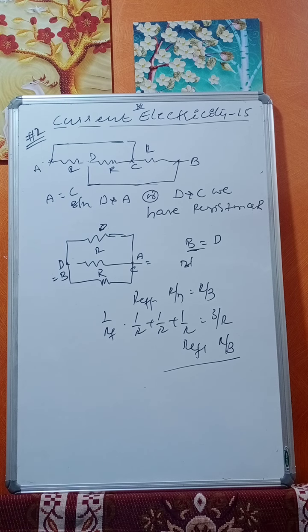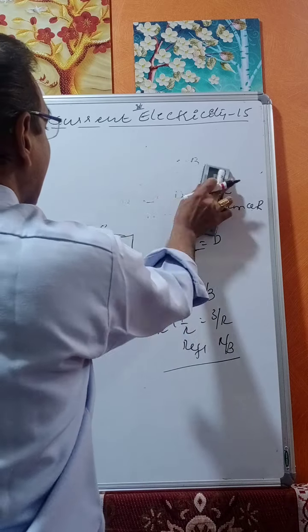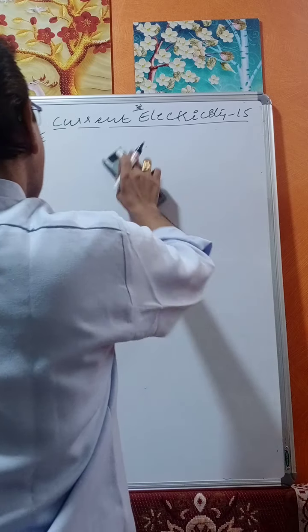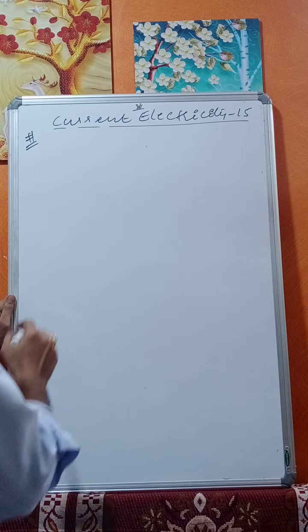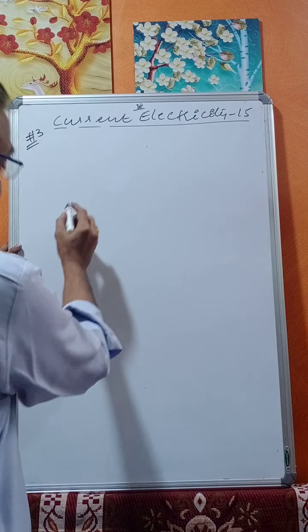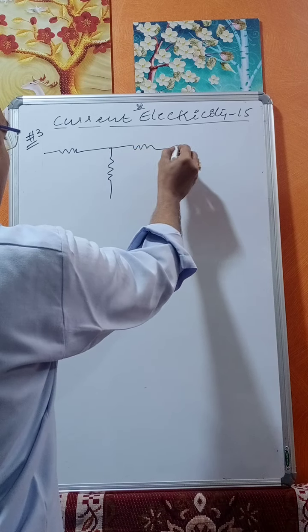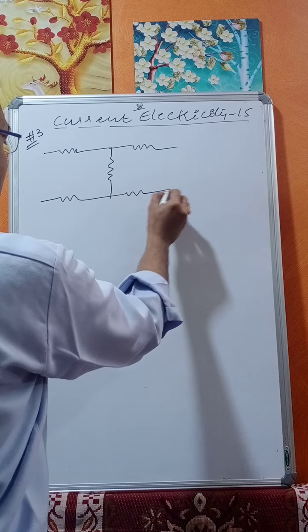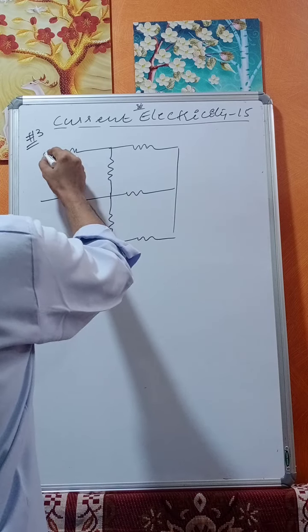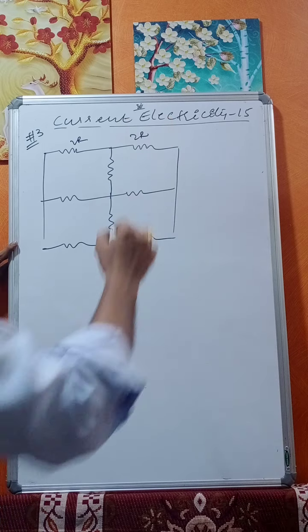Next one, let us see another model. Model number 3. Suppose you are given like this, the resistance R. This is 2R, this is 2R.